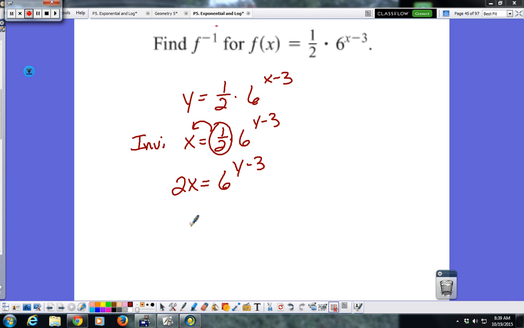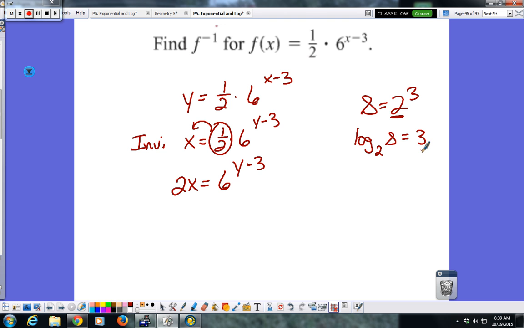If you need to, come over here and write something like 8 equals 2 to the third, and ask yourself, how would I change this form? That would be log, the base of the exponent is the same as the base of the log, of the argument, is equal to the exponent. The 8 is the argument, and then there's where the exponent goes.